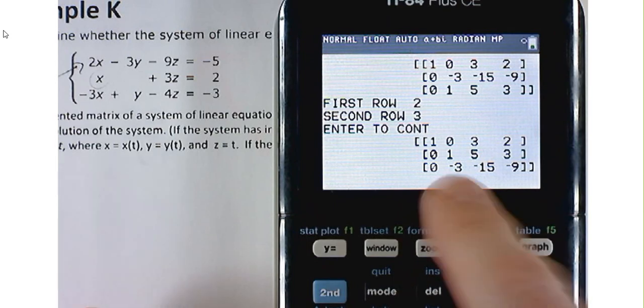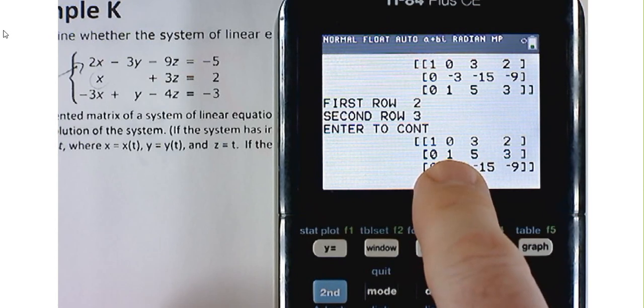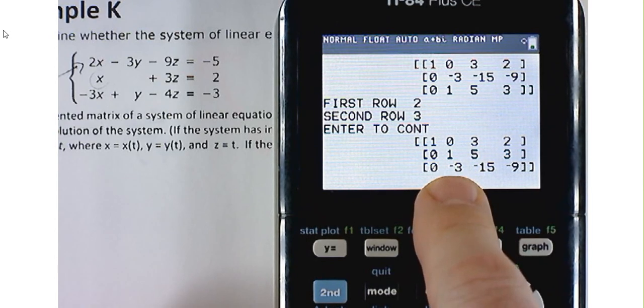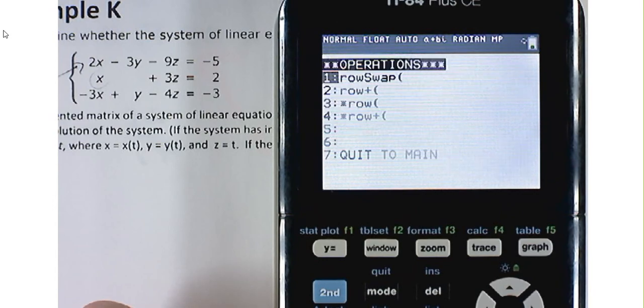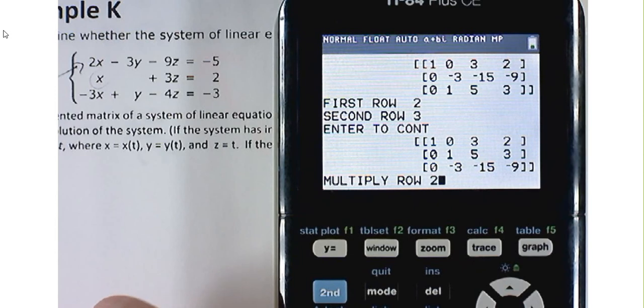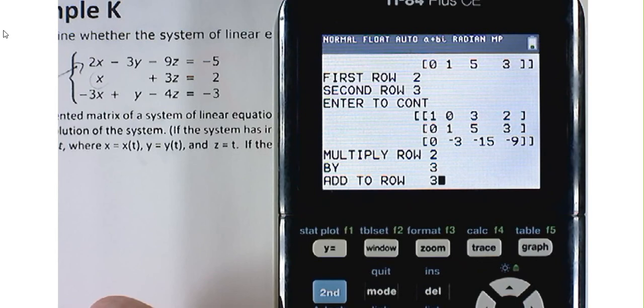In any case, now I'm set up to get rid of the -3 here. I just multiply this by 3 and add it to the third row. So type in number 4, multiply row 2 by 3, and add it to row 3.